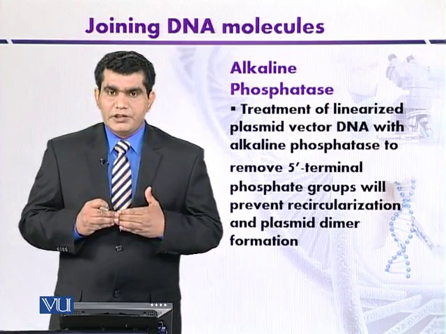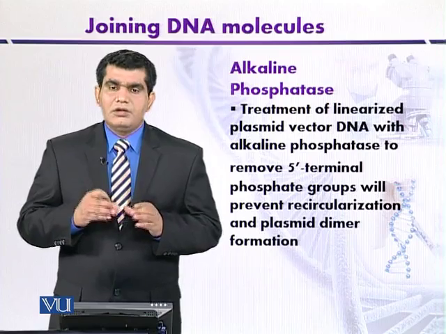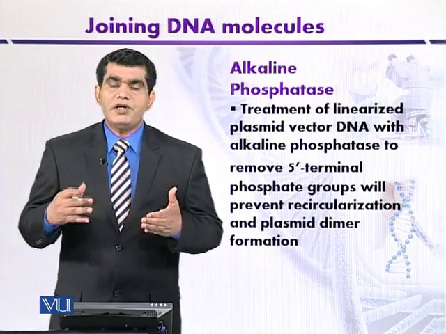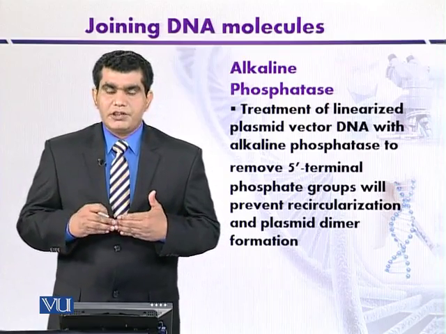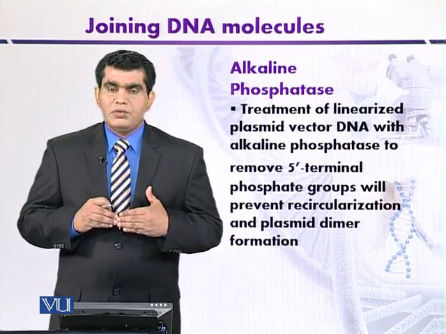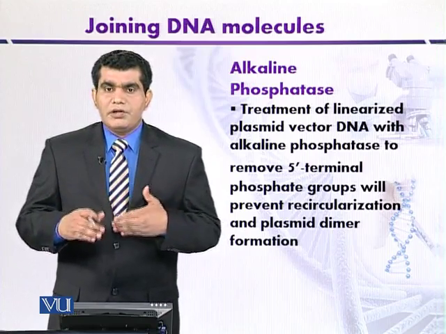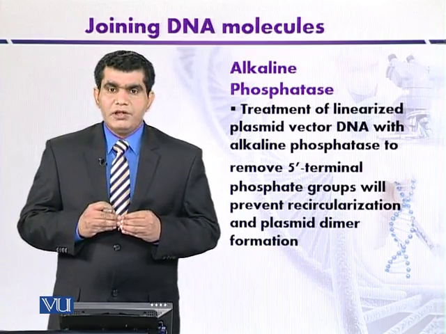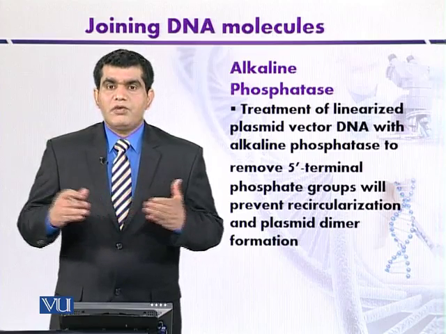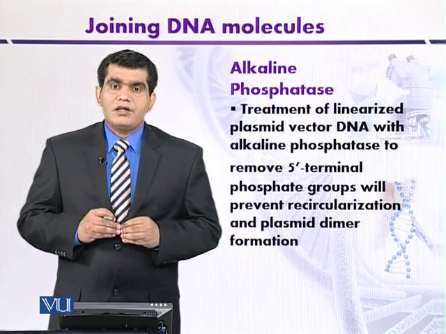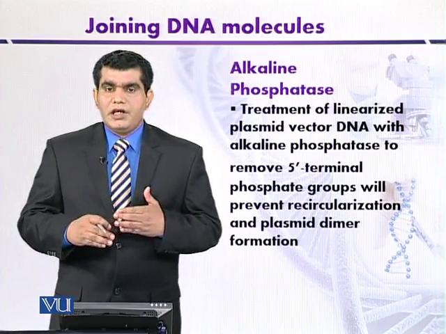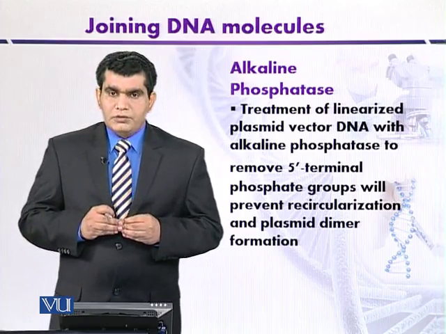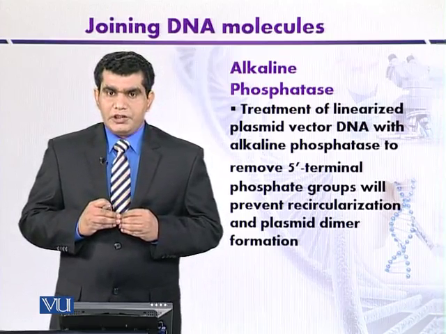So the vector will ligate or circularize only when the foreign DNA is inserted, because we have not treated the foreign DNA with alkaline phosphatase. So the vector DNA will recircularize only when the foreign DNA is inserted. This is one of the applications of alkaline phosphatase, which can enhance the number of recombinant molecules when we treat the vector with this enzyme.